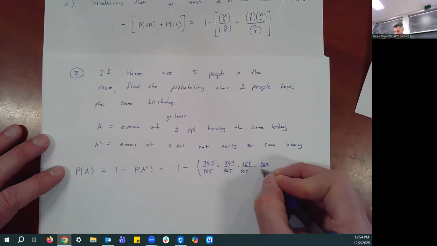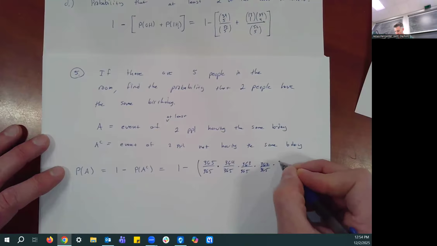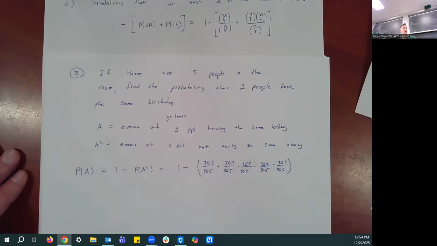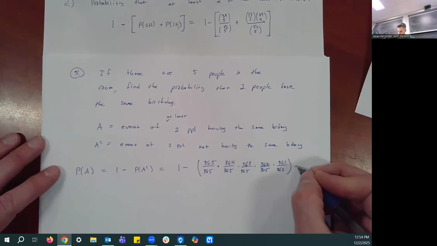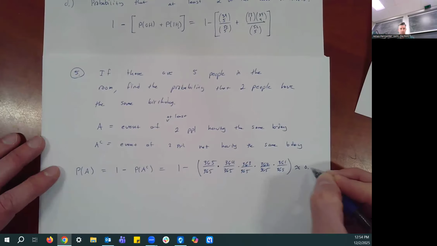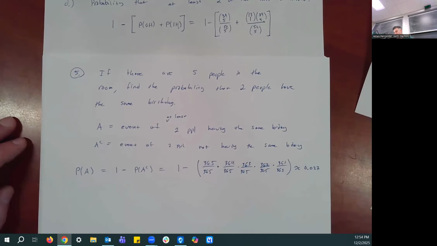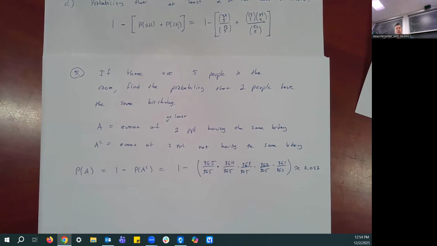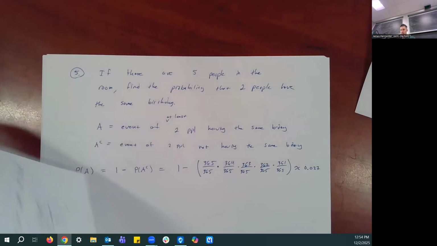And the fifth person, there's 361 days to choose from. And that's about 0.027. So there's about a 2.7% chance that in a room of 5 people, at least 2 of them will share the same birthday.